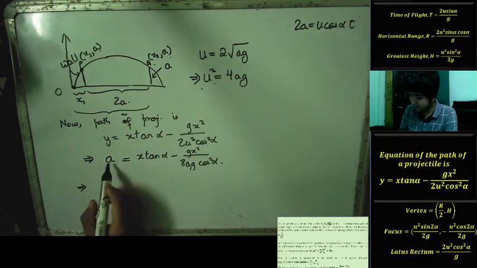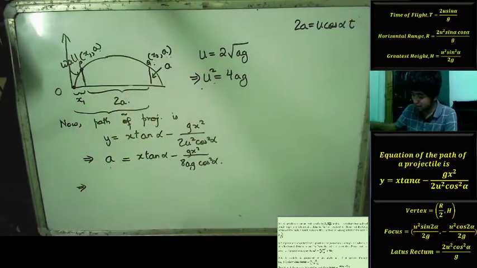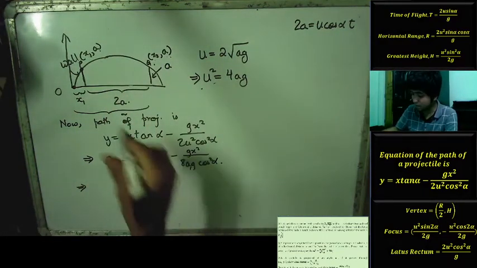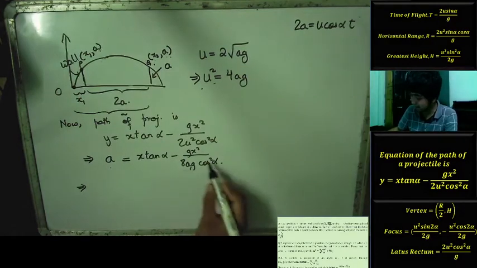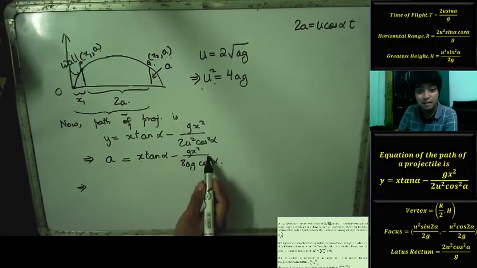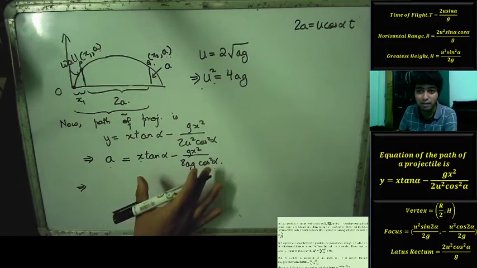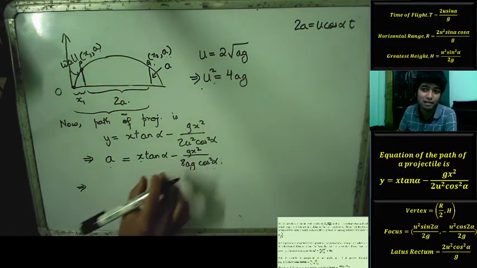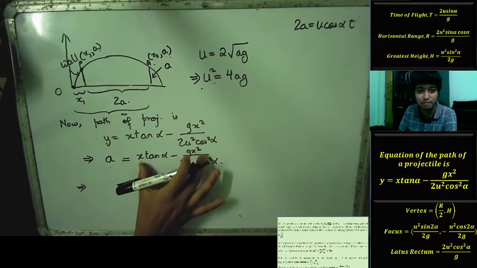Over here we are substituting the value of y, which is the same, and if you notice this equation, because we are throwing at a fixed angle, the angle is also fixed. Everything is fixed except x. So this one will ultimately be a quadratic equation in x, because x is the only variable over here.